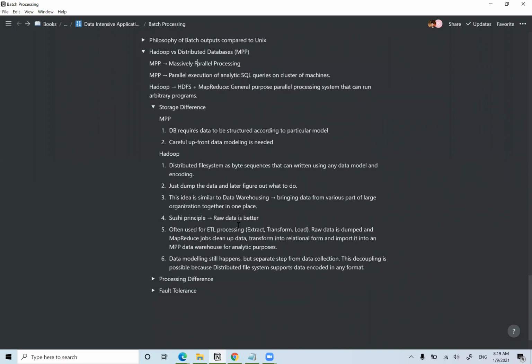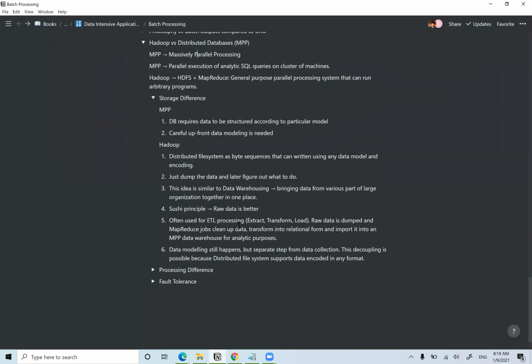It's similar to the idea of data warehousing. Few people may have heard about data warehousing, where you are bringing data from various parts of your organization and dumping it in one place, and then later figuring out what to do with the data.